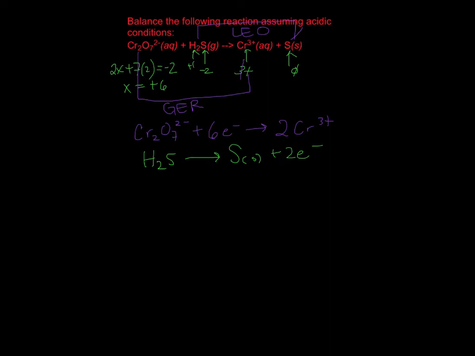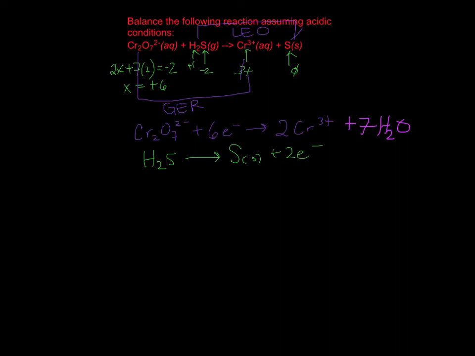To balance the oxygens in the reduction half reaction, we need to add water to either side of the reaction, because this is an aqueous solution, so we can easily do that. Here we have 7 oxygen atoms on the left-hand side, and we don't have any on the right-hand side. So we're going to add 7 waters to the right-hand side of our reaction.